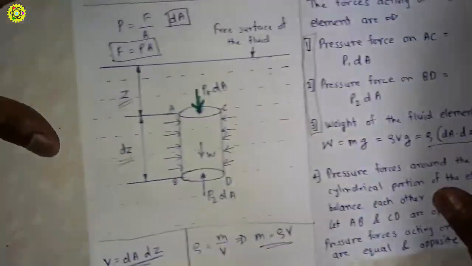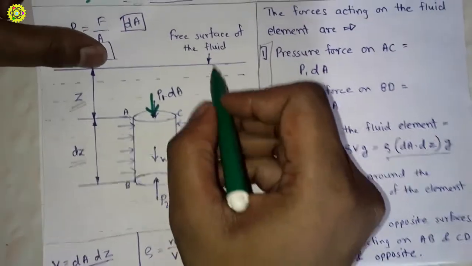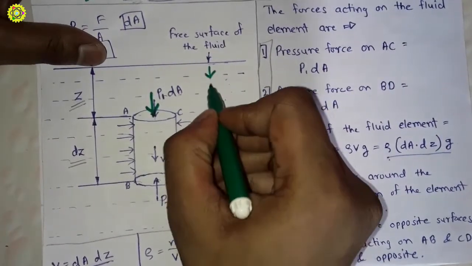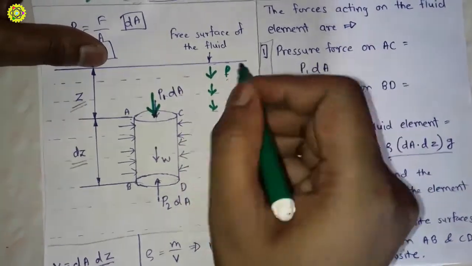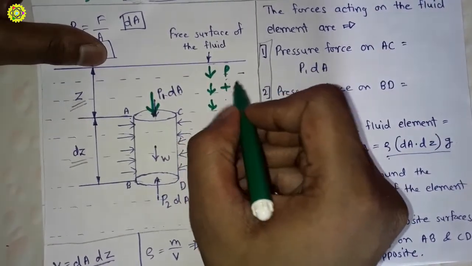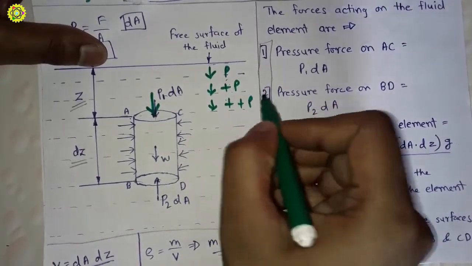As we know friends, as we go in the downward direction from top to bottom, its pressure increases. Suppose this is the pressure P, then pressure increases, then again we go further downward, pressure increases.